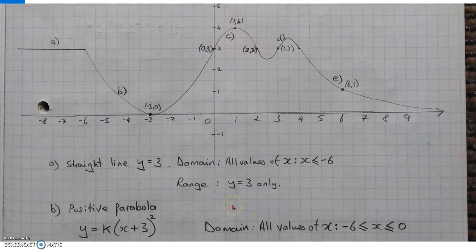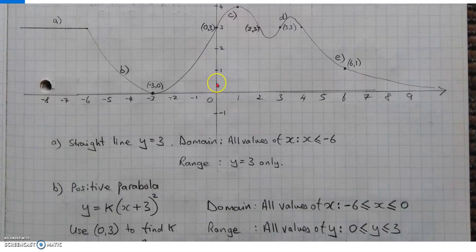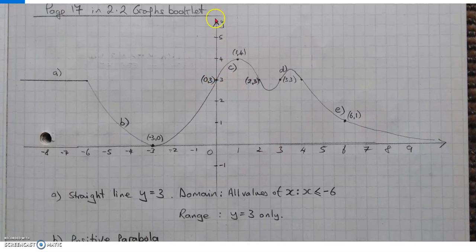That's the domain. The range, looking at the y values. There are no y values down here for which this can be drawn. There are no y values above 3 for which this parabola can be drawn. So you've got to state that.